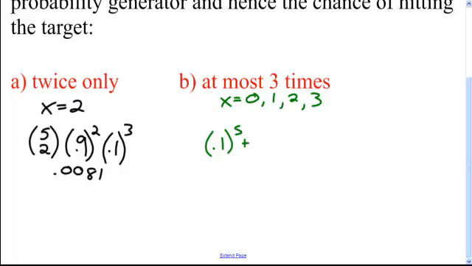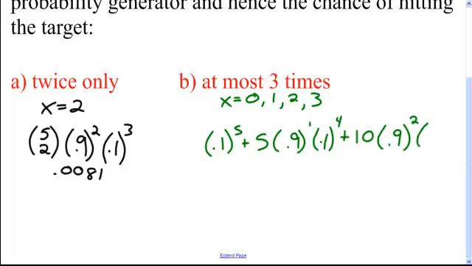Plus, since it's 5 going through Pascal's triangle, the next coefficient is 5. And then it's 0.9 to the first and 0.1 to the fourth. Plus, the next coefficient is 10, and then it's 0.9 to the second, and then 0.1 to the third, plus 10, 0.9 cubed, 0.1 squared.